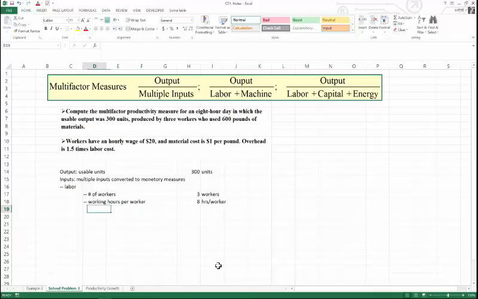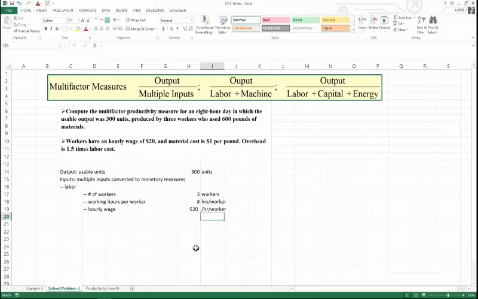Next, since we need to measure everything in dollars, another piece of information we need is how to convert the hours to dollars. We know the hourly wage is $20, per worker, per hour.